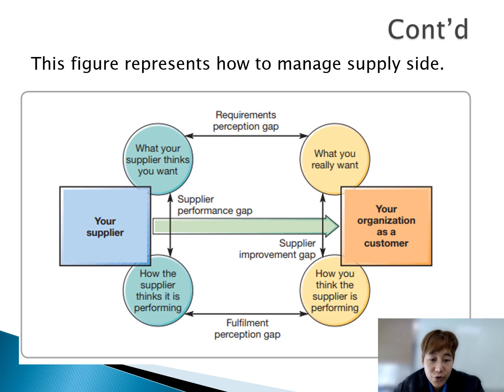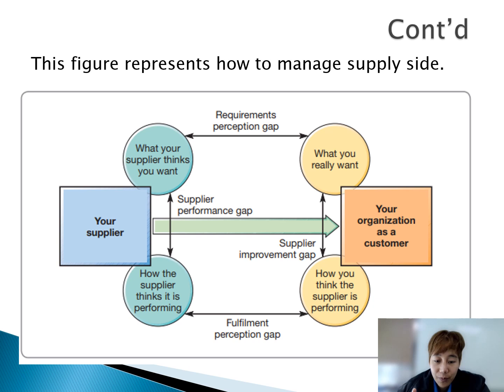So what your supplier thinks you want and what you really want, the gap between them, is the requirement perception gap. Okay. And between how the supplier thinks it is performing and how you think the supplier is performing, this is what you want and what you get.